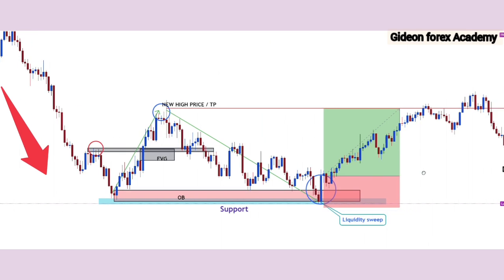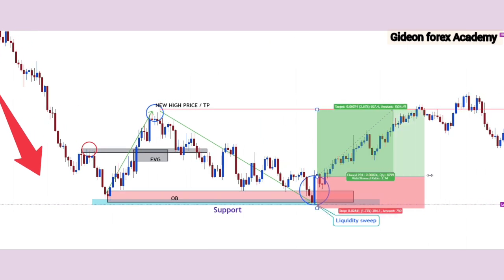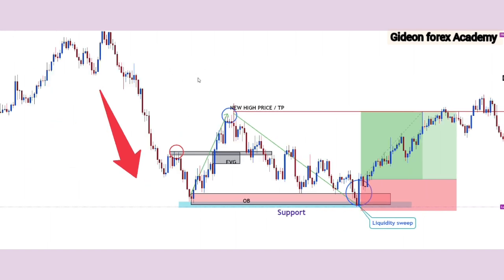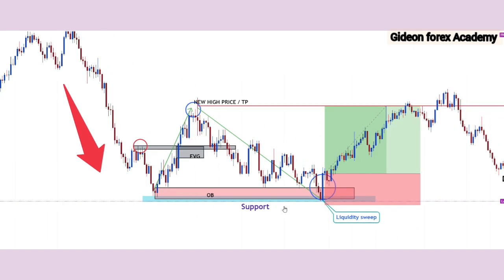That would be your target. You can see you take a 1-to-2 risk to reward ratio and you would win this trade. If you are patient to hold it, you would win this trade. So that is how you would trade this reversal strategy.